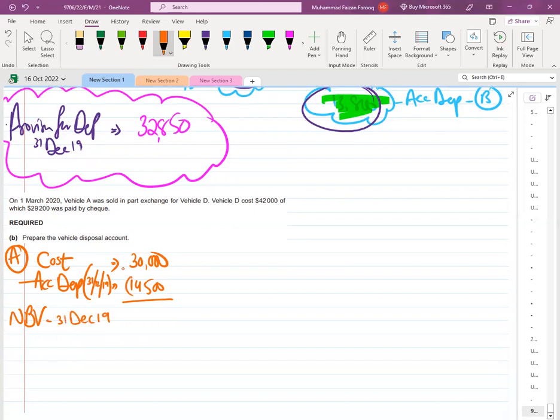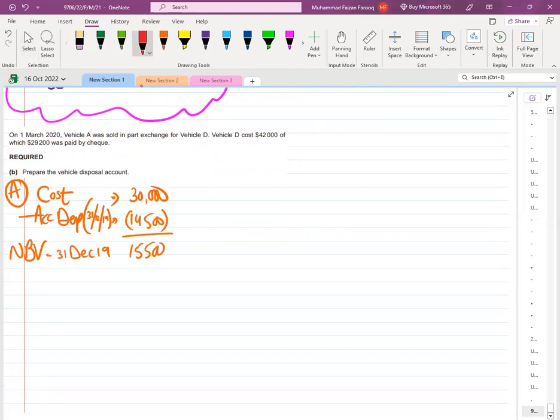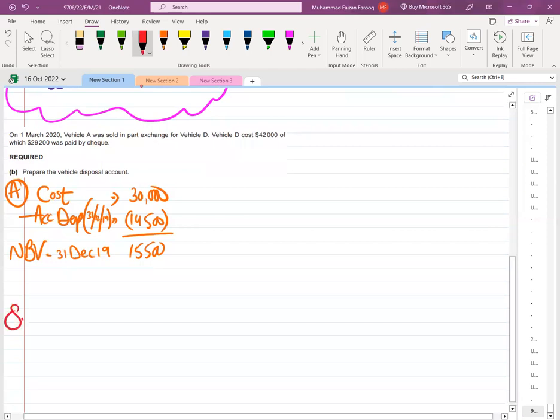So I have my net book value at 31st of December 2019, which is 15,500. We are aware that we use this format to calculate gain or loss, and then we make the T account. Remember that? Now, very carefully, it's selling price or trade-in.